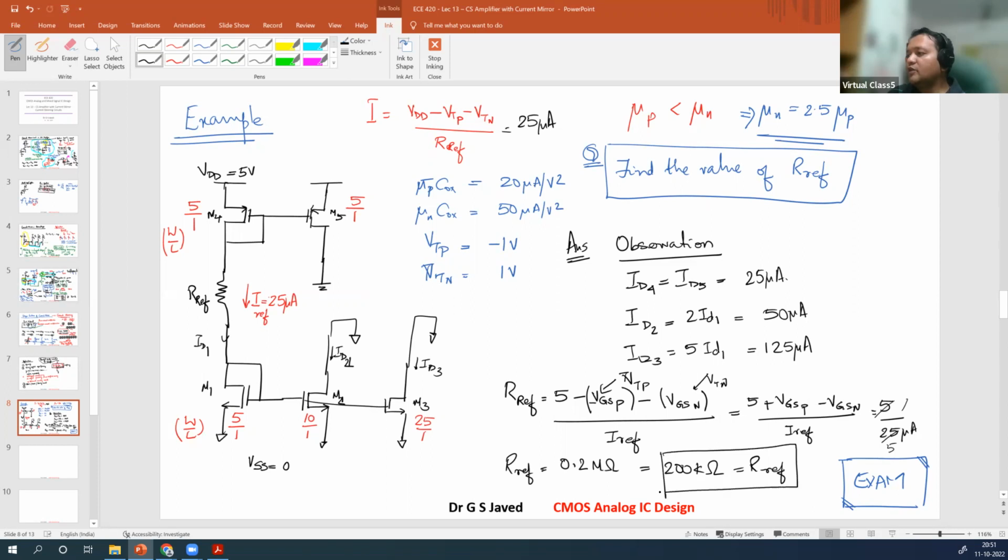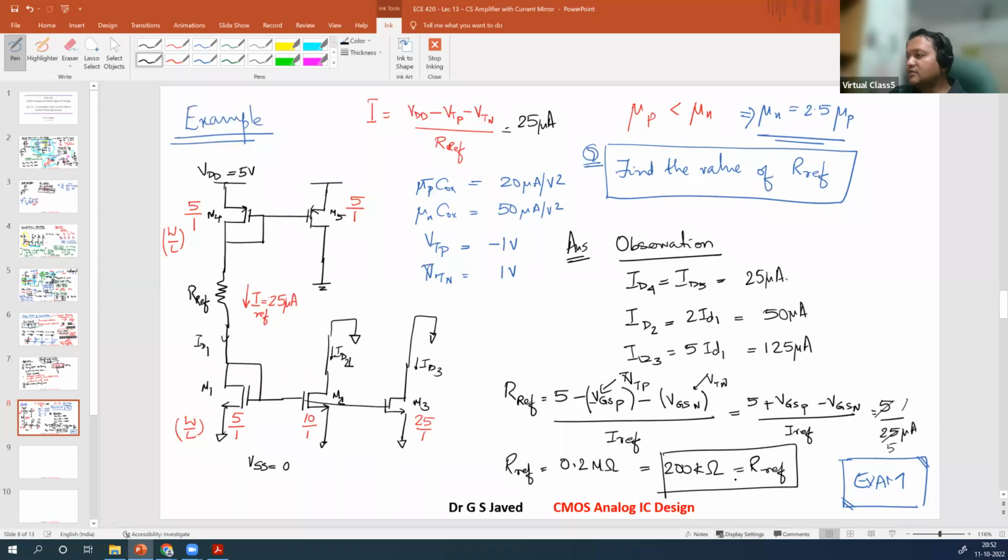So if you have a value of 200 kilo ohm, then your circuit will have 25 microamp flow through M4 and M1, and subsequently you will be getting more currents here. So this is how you design a circuit. Now in this case, can this VREF be changed?